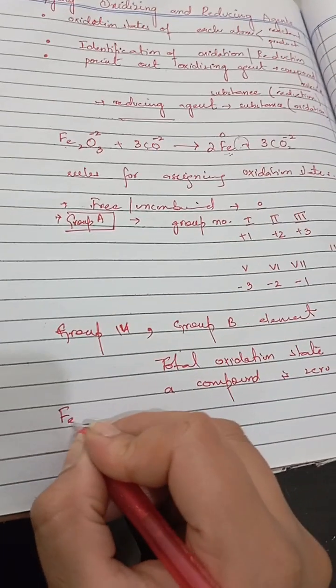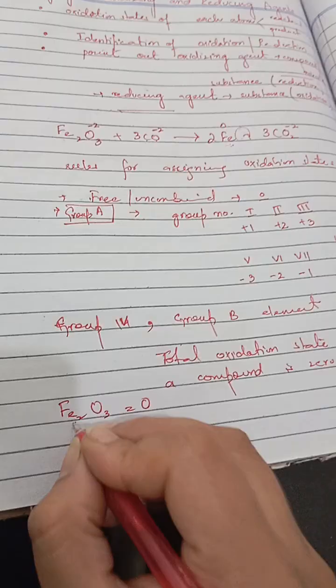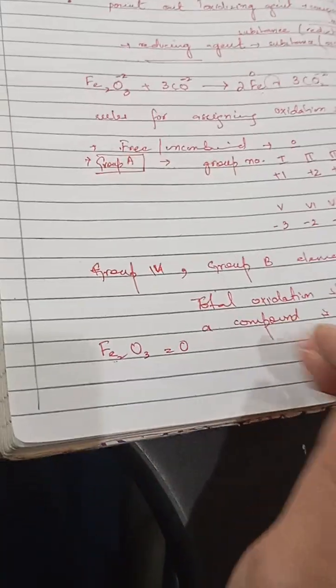For example, Fe2O3 equals 0. The total oxidation state of the compound is 0.